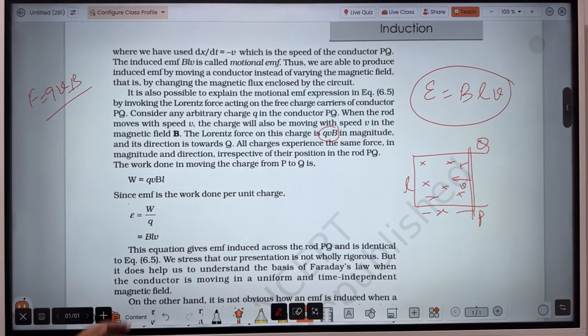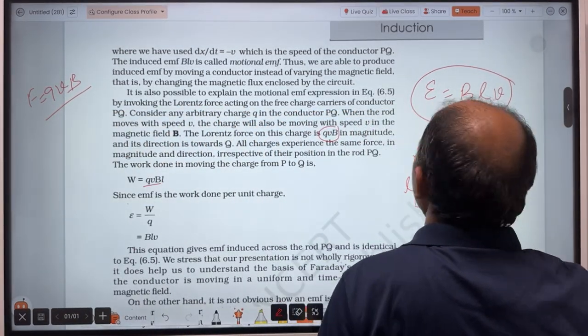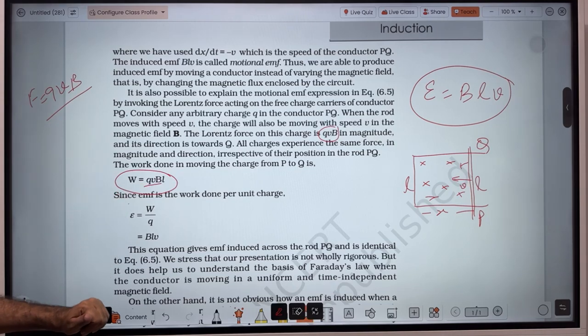The work done in moving the charge from P to Q will be equal to how much? Force into displacement. So force is QBV, displacement means length of this PQ, that is L. So we can write W equal to QVBL.